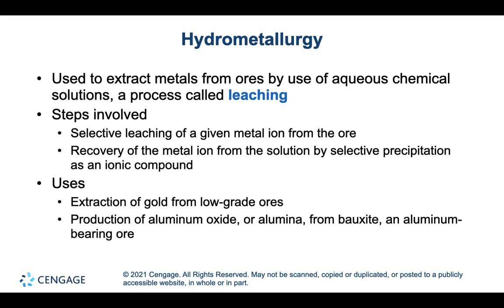So you might leach it out by dissolving it, maybe with acid, and then recover it by precipitating it, using some selective precipitation technique. This is also used in gold ore and aluminum ore.